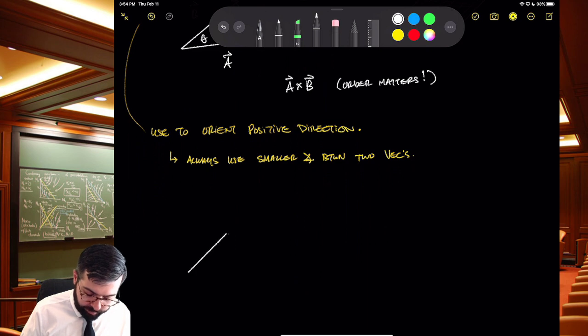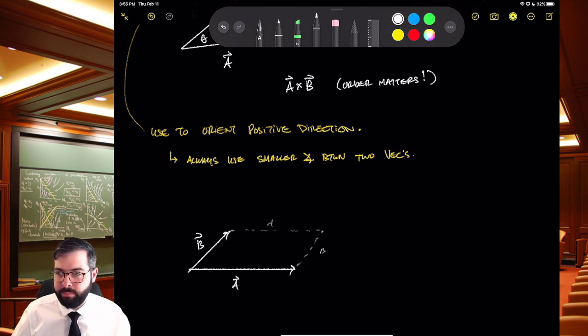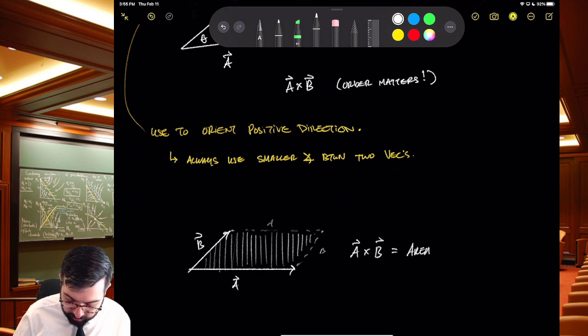So I'm going to draw another picture here just to kind of free up some space. So here's A, here's B. If we think of continuing these vectors out, or I sweep up vector A up here and B over here and create this parallelogram, A cross B is really the area of this parallelogram.